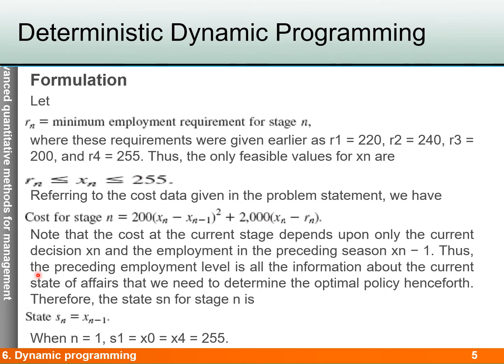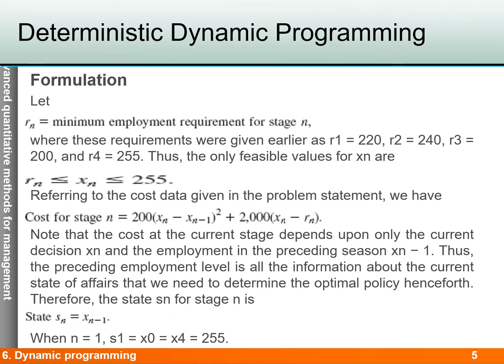So the preceding employment level is all the information about the current state of affairs that we need to determine the optimal policy henceforth. Therefore, the state Sn for stage n is whatever is available for us in this season, which is exactly what comes from the previous season.